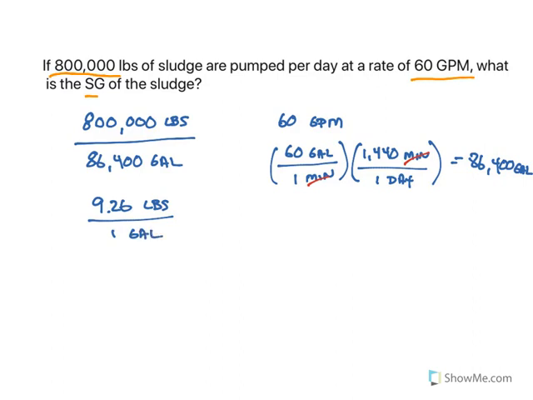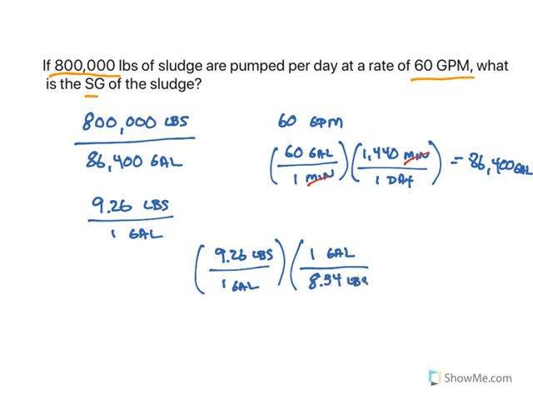So now what do I do with this number? Well, if I want to determine specific gravity, and I know that 1 gallon of water equals 8.34 pounds, I can set this equation up like this. 9.26 pounds per gallon of sludge times 1 gallon of water, which equals 8.34 pounds.